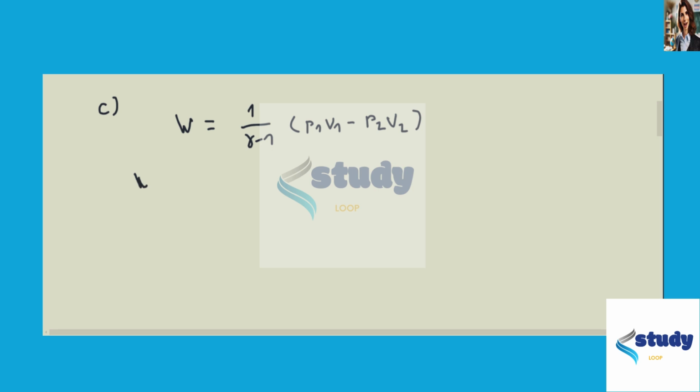The work done is equal to 1.067 times, and then here we have the pressure, substituting the pressure, 1.13 times 10 to the fifth power, and this is in pascals.